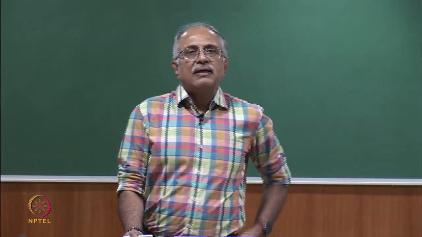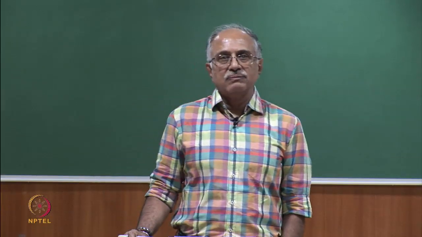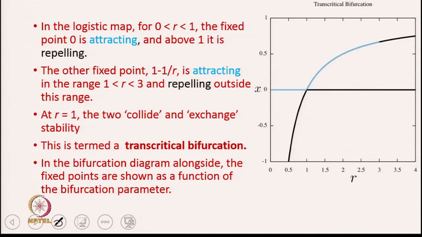Okay. Consider the fixed point at 0. For the logistic map, so long as r lies between 0 and 1, the fixed point 0 is attracting because the slope is r and the slope is less than 1. Above the value r is equal to 1, this fixed point is repelling.